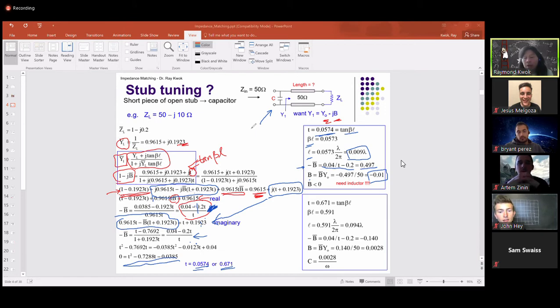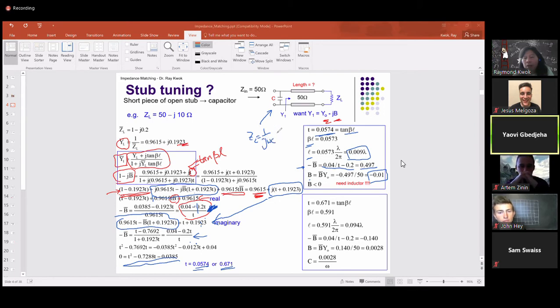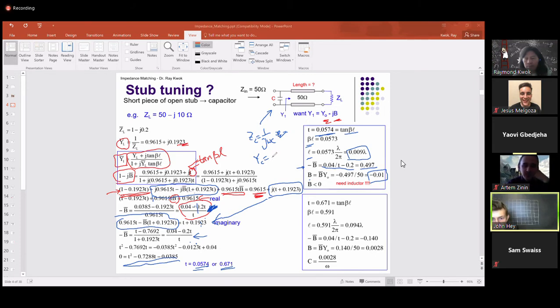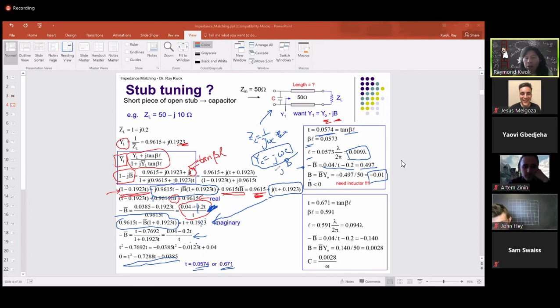Right, so the impedance of a shunt capacitor is equal to 1/jωC. But what is the admittance of a capacitance then? That's just jωC. So that means this is my B, jB. My B is just omega times C, right?